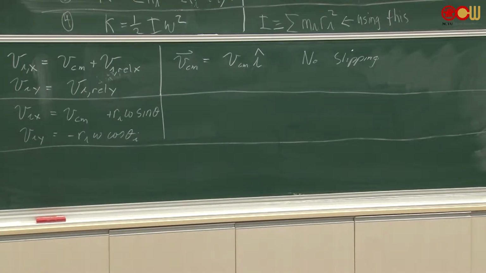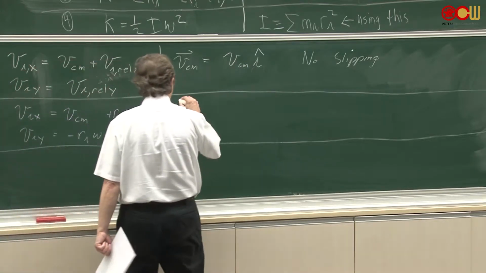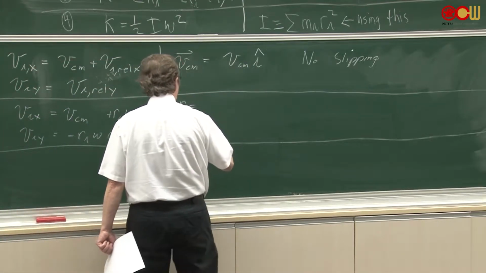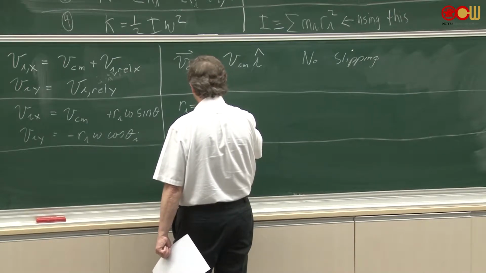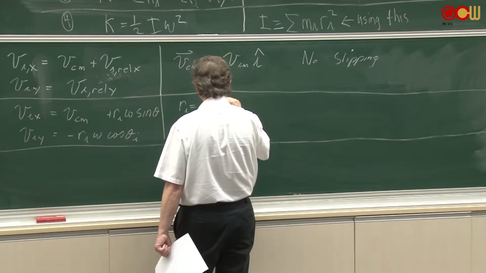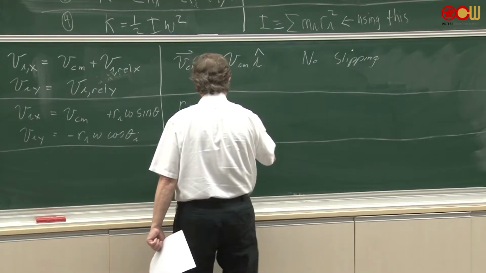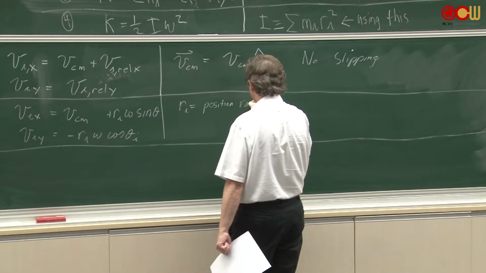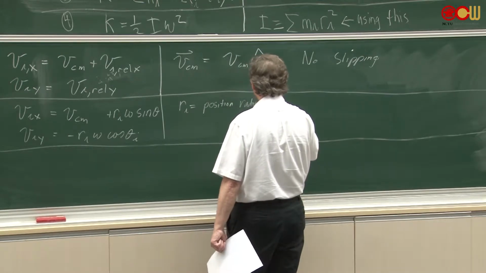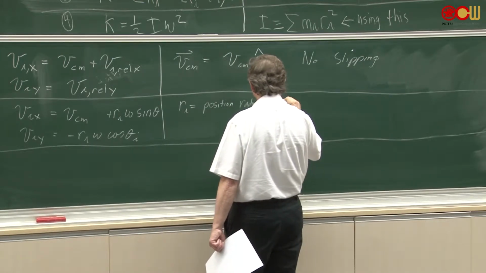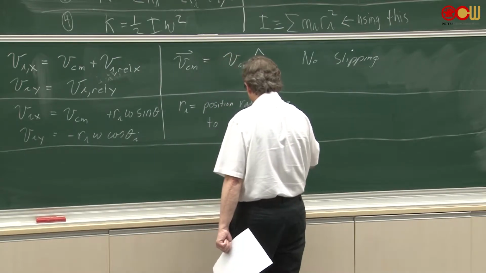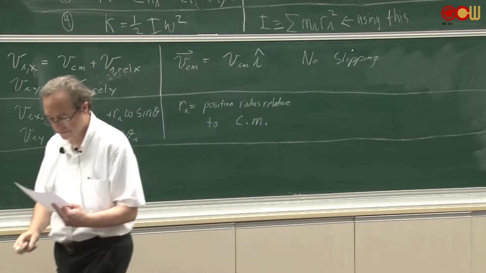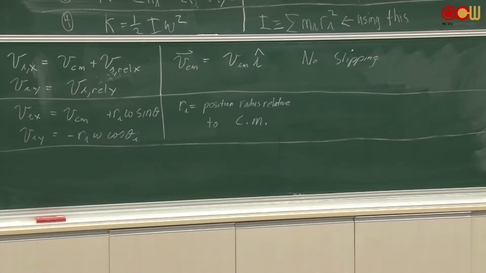All right, and I'll give you a little hint. Ri equals the position, radius, relative to the center of mass. Okay? So Ri is relative to the center of mass.